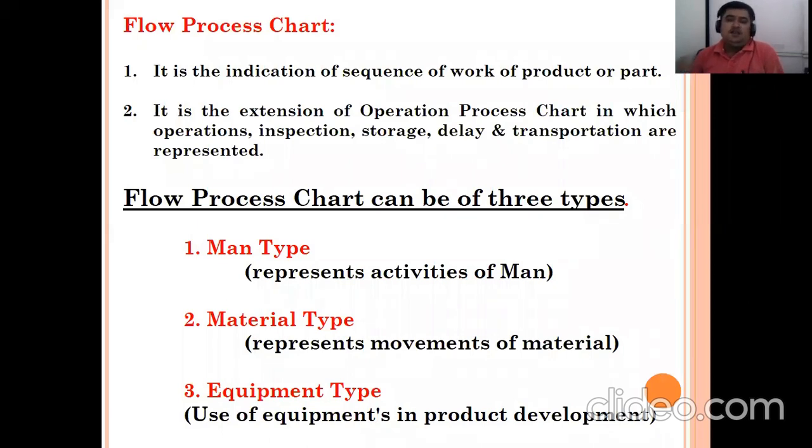That means taking the vernier caliper, measuring something on the machine, loading the job, unloading the job, tool setting, switching on the machine, switching off the machine, operation. So whatever activity a worker is doing, that is represented in man type.